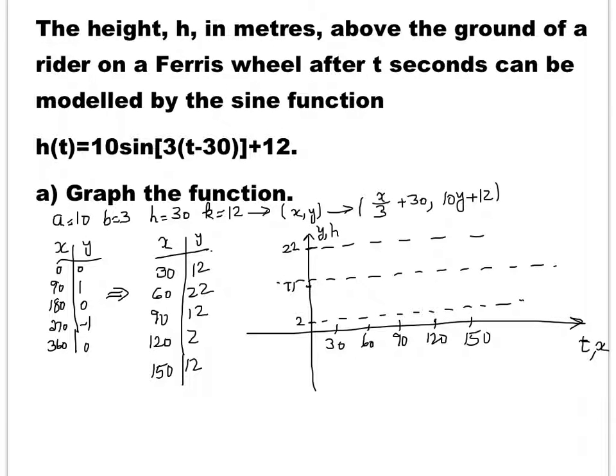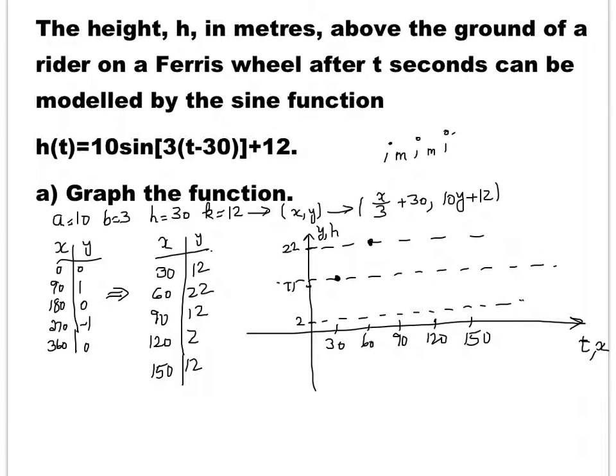Now we know that the sine function has the pattern intercept, maximum, intercept, minimum, intercept. So we are going to start with 30, which is going to be our intercept, which is here. 60 is going to be our maximum, which is 22.